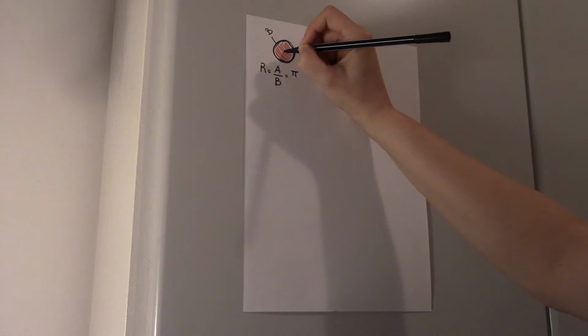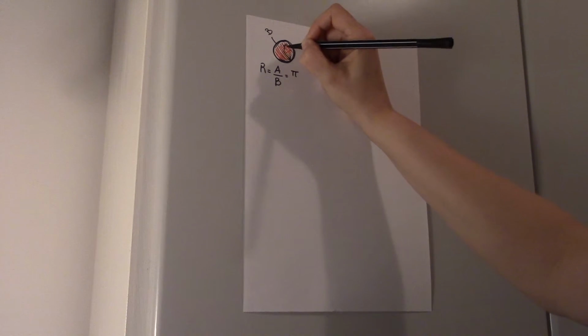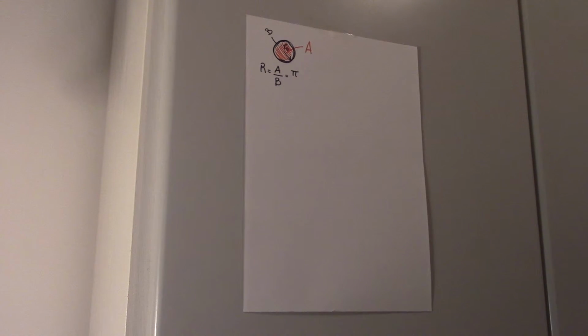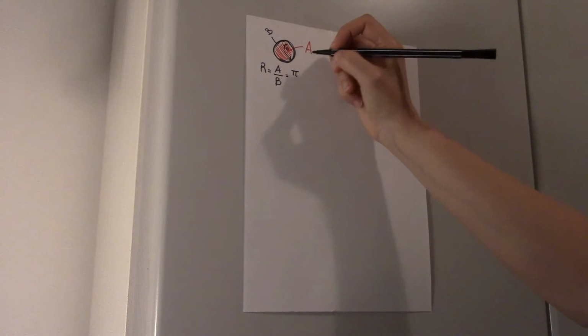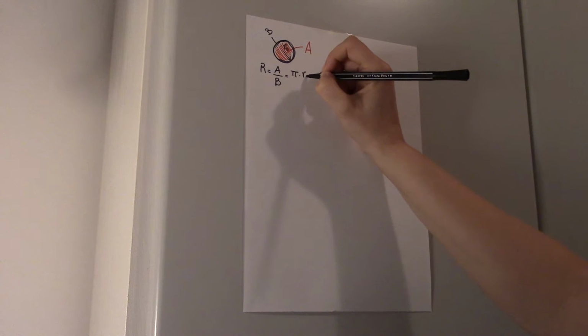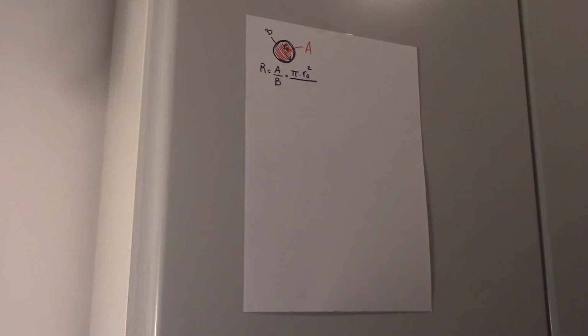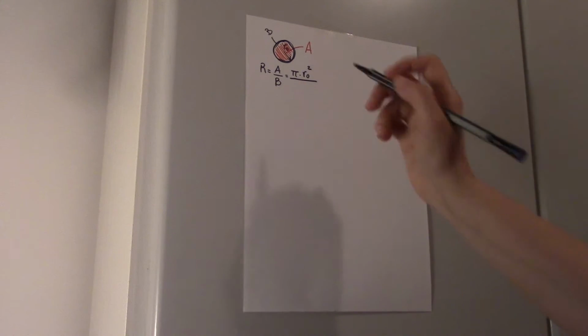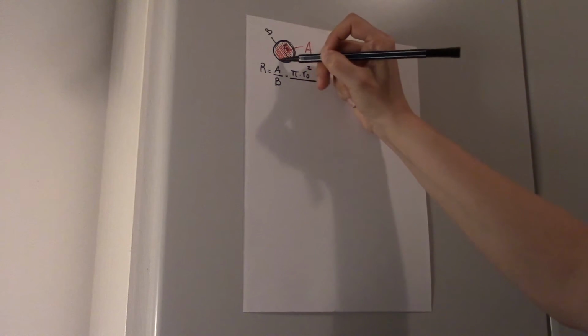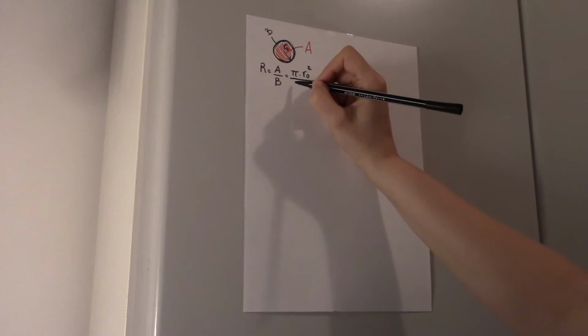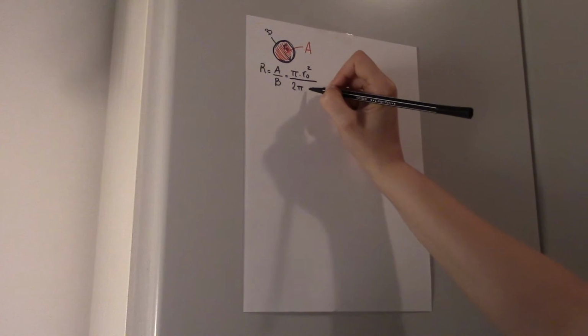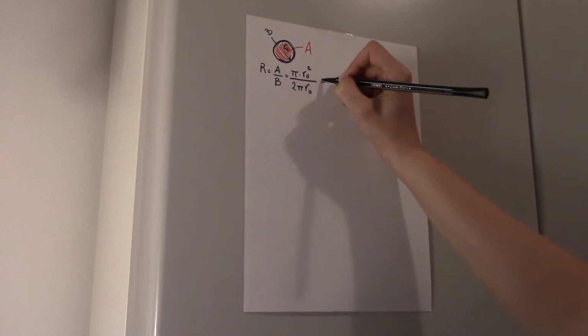Suppose that the radius of your circular pipe is R0, so we will have pi times R0 to the power of 2, which is the area, over the wet perimeter, that is exactly this part, so it will be 2 pi R0.